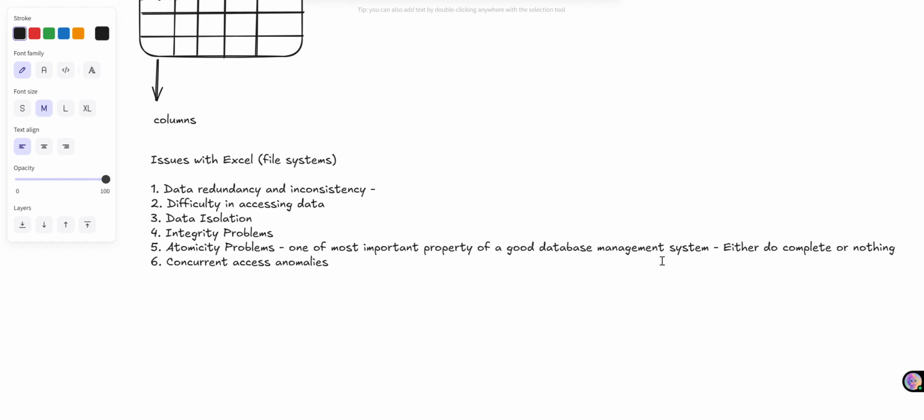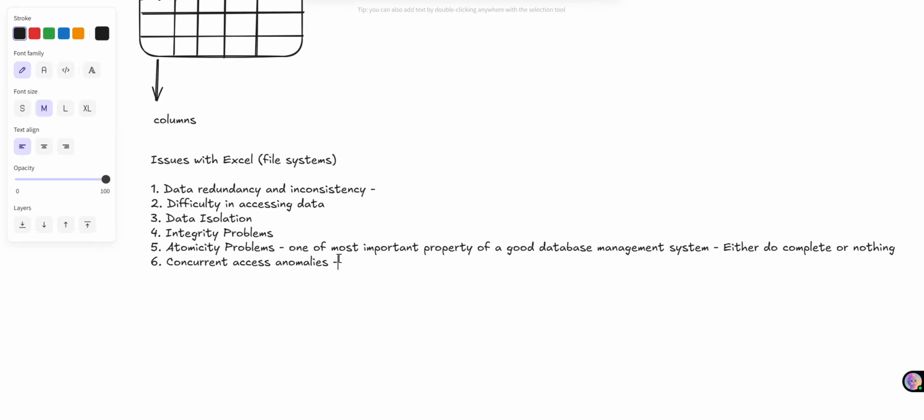I can give you an example of online payments. Whenever you make a payment with your UPI, what do you want? That either the complete payment has gone to the person I am sending the money to, or the money is not sent at all. It should not be like, if you are sending 50 rupees, then 25 rupees goes to the person and 25 rupees comes back to you. You want either the complete money sent or the whole money back to you. So this is atomicity, and it is a compulsory property of a database management system. Every DBMS must provide this, otherwise it will not be considered a DBMS.